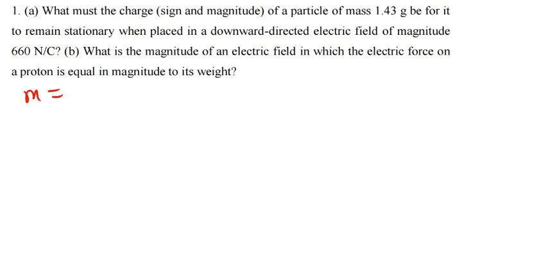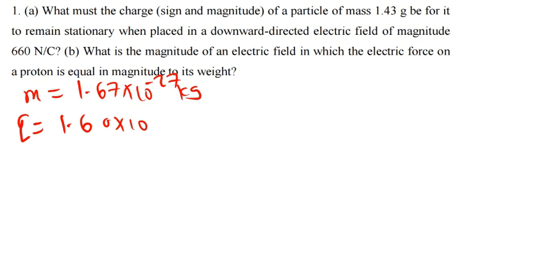The mass of the proton is 1.67 times 10 raised to the power negative 27 kg. That is the mass. Then what's the charge? The charge of the proton is 1.6 times 10 to the power negative 19 coulomb. Then we know that it is also suspended in air.